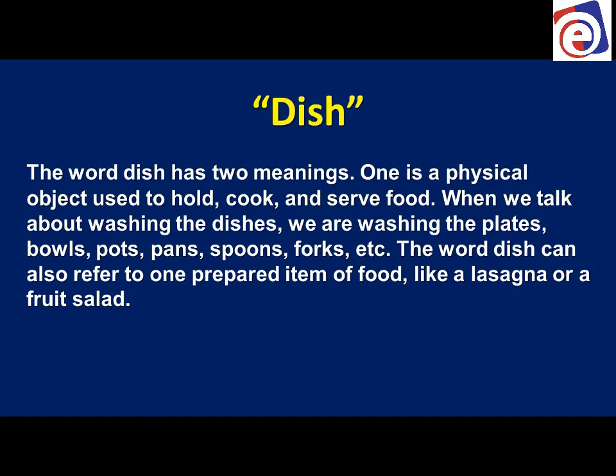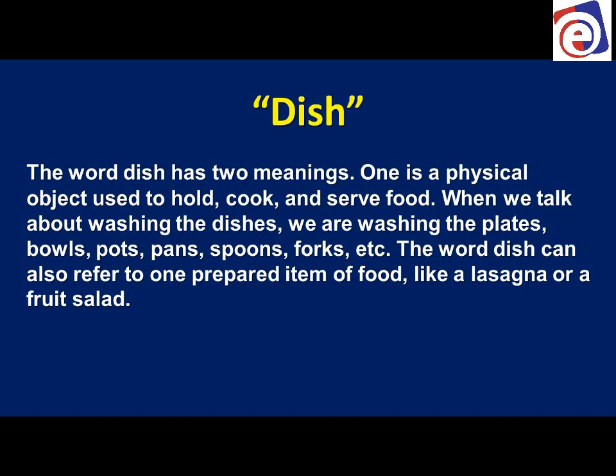But dish has 2 meanings. One is a physical object used to hold, cook, or serve food. And when we talk about washing the dishes, we're talking about washing the plates, the bowls, pots, pans, spoons, forks, etc. But the word dish can also refer to a prepared item of food, like a lasagna or a fruit salad.